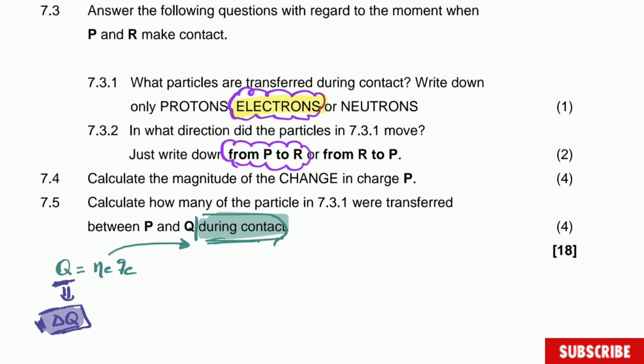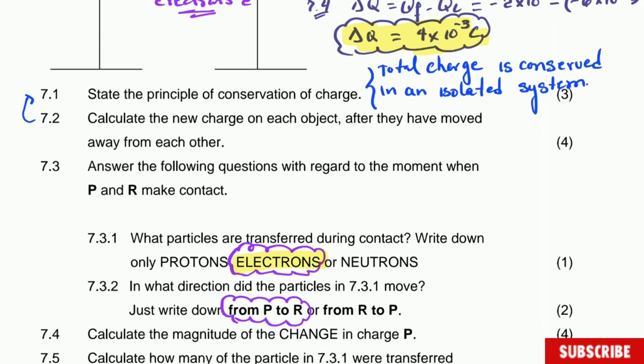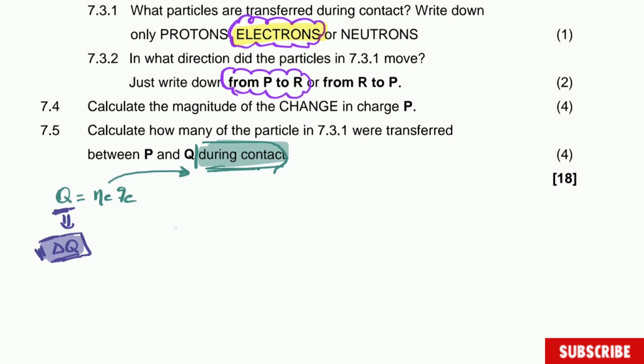But now if we substitute, we have the change in charge to be a positive 4 times 10 to the minus 3. So this one is going to be a positive 4 times 10 to the minus 3. And this is equal to the number of electrons multiplied by the elementary charge. In this case, it is going to be 1.6 times 10 to the negative 19.